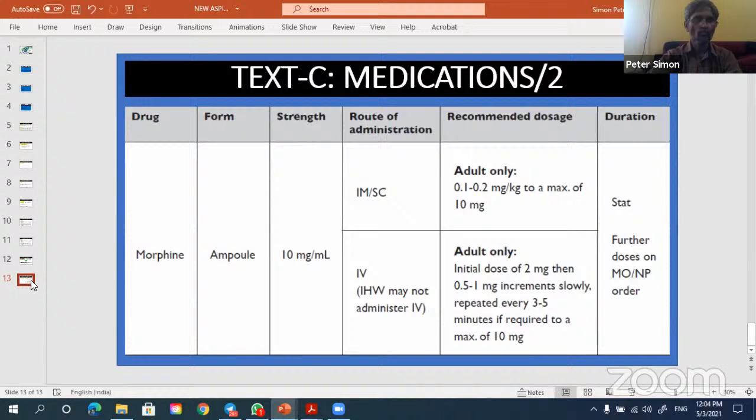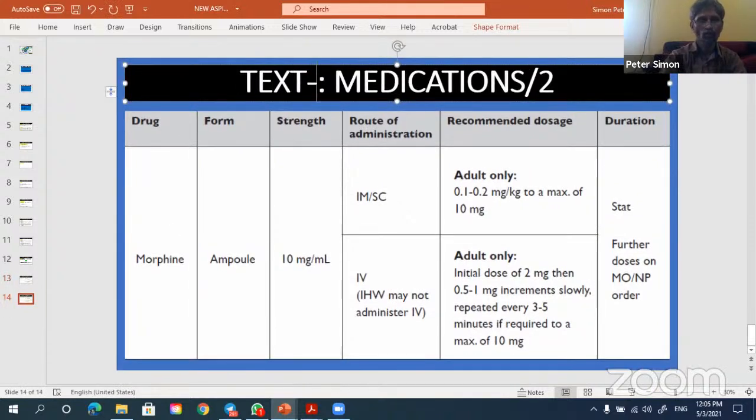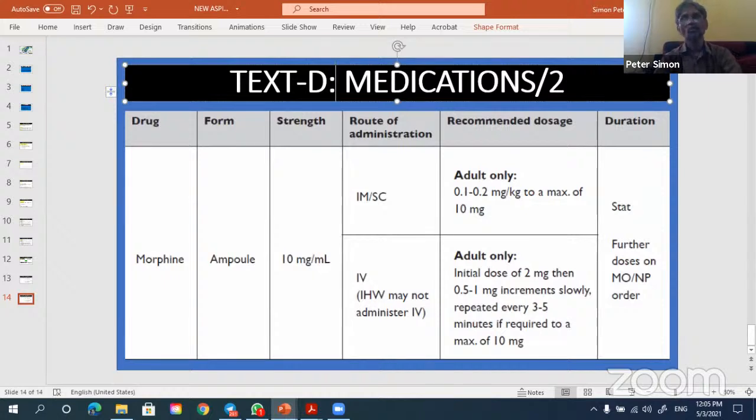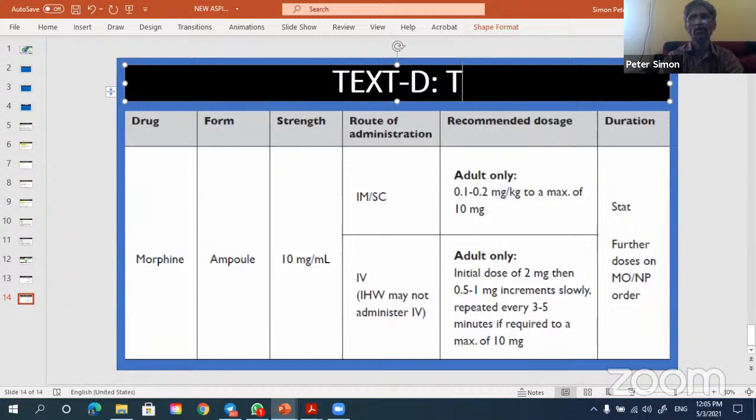Okay, in the beginning it will be difficult, but afterwards it will be very easy. Title is what? We don't know.